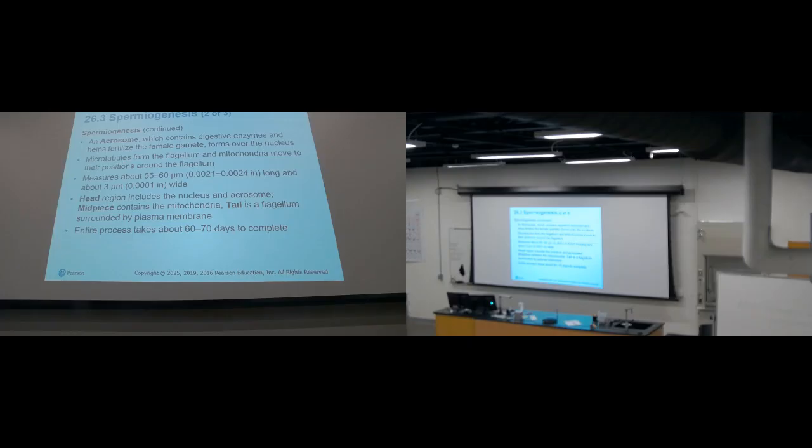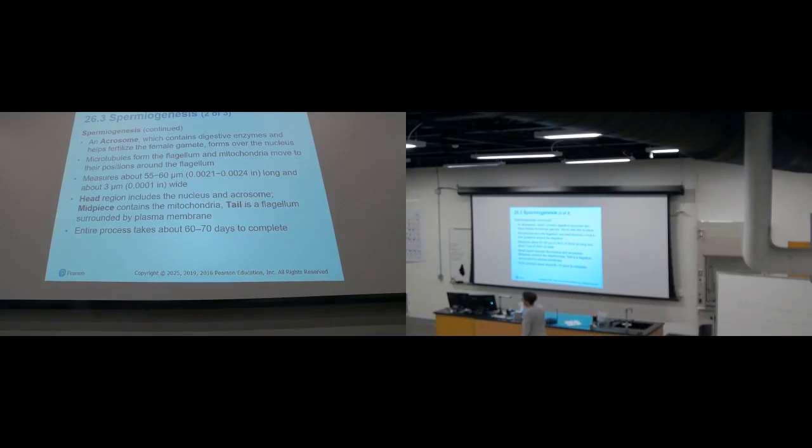And then the formation of microtubules happens so that the flagella start elongating. The only human cells that have flagella are the sperm cells. This flagellum will measure 55 to 60 micrometers in length, and it has a very thin width, which is 3 micrometers.